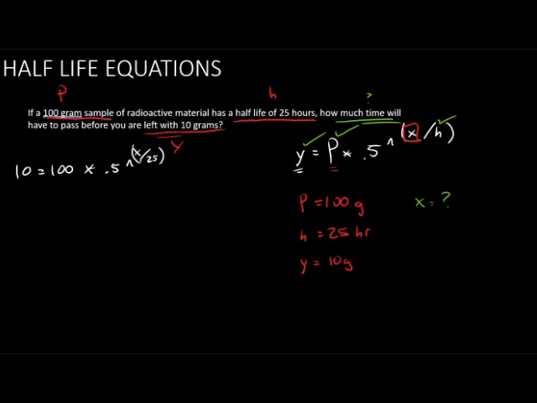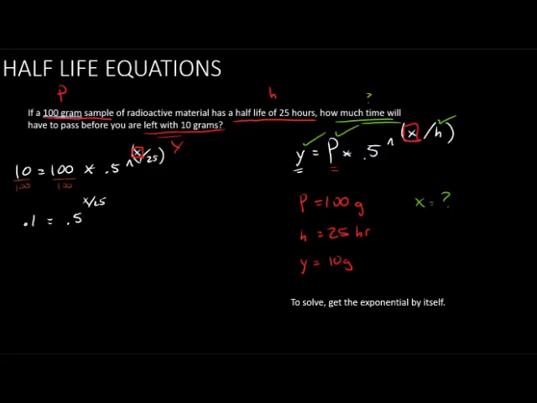We're going to need to get the exponential by itself in order to solve for x. In order to get that exponential by itself, we're going to divide by the number in front of the exponential. That's 100. If we take that 10 divided by 100, we get 0.1 equals 0.5 raised to the x over 25.